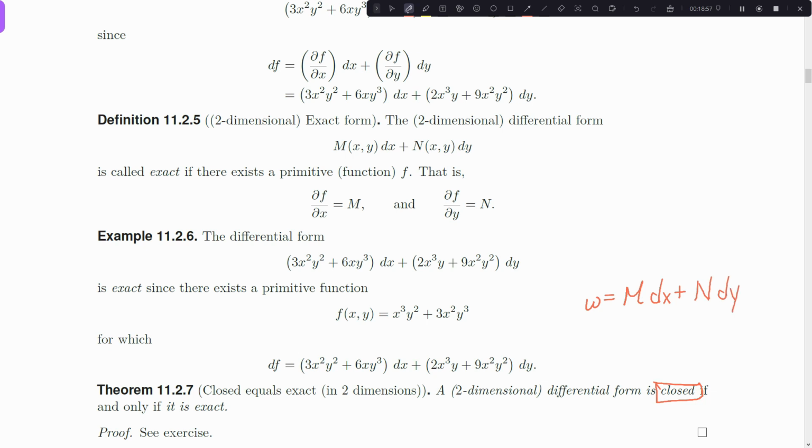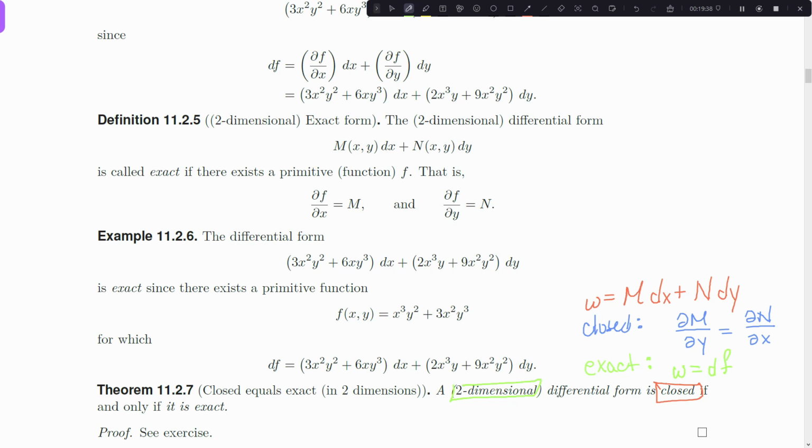Closed means partial m partial y equals partial n partial x. This theorem says that that's the same as exact, which means omega equals the total differential of f. So those are two different definitions which happen to be equivalent in 2 dimensions.